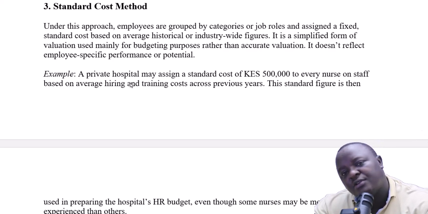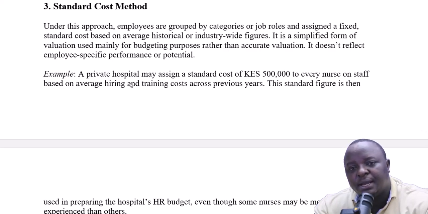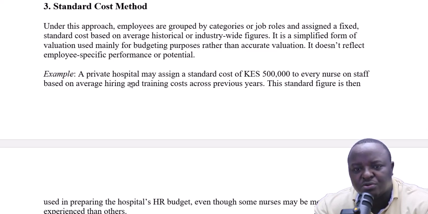So even if we are going to employ 10, each employee who is recruited, the cost of recruiting, training, and onboarding that employee will be 50,000 each.